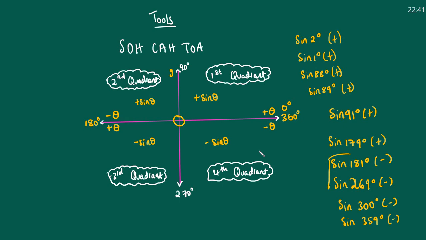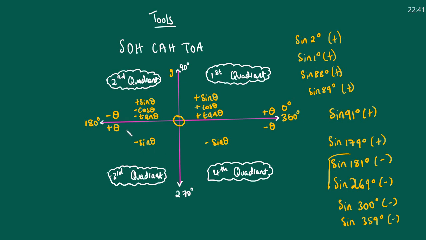Good people, if you do a similar exercise with tan and cos, you're going to find out that cos is also positive for all angles between 0 and 90 degrees, and tan is also positive for all angles between 0 and 90. And if you try the angles between 90 and 180, you are going to find that cos gives you a negative answer, and tan also gives you a negative answer.